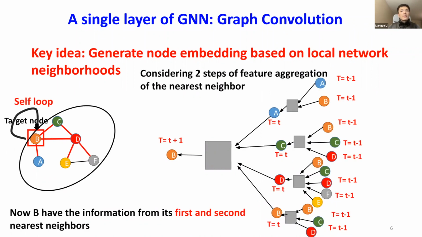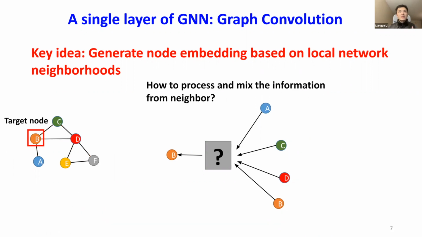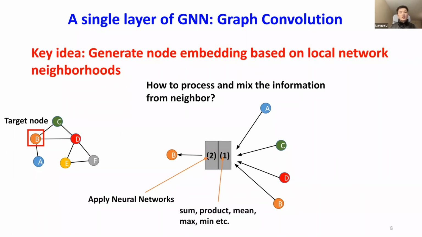We talk about this process, which is almost like a black box, right? When we say that B takes in information from A, B, C, D, what does that mean? How does the information get combined? It is sort of like a black box, but just like the generic neural network process, this is very applicable.